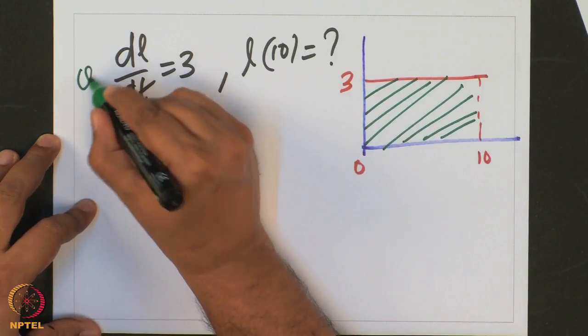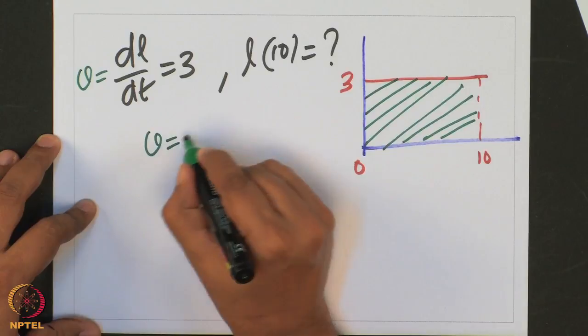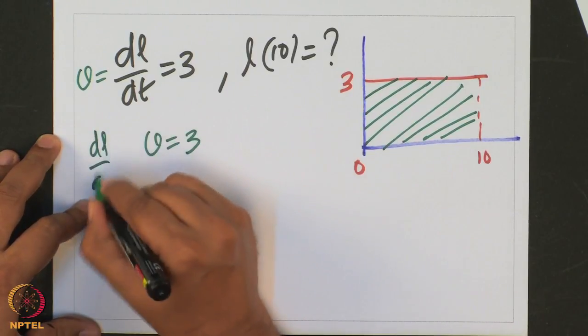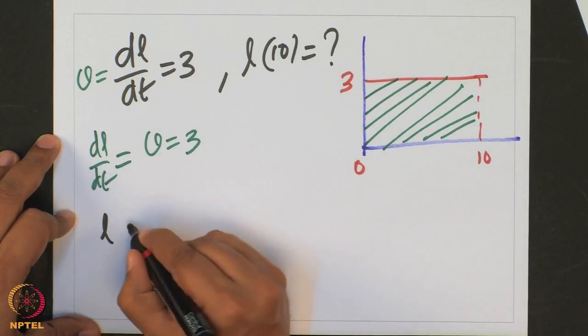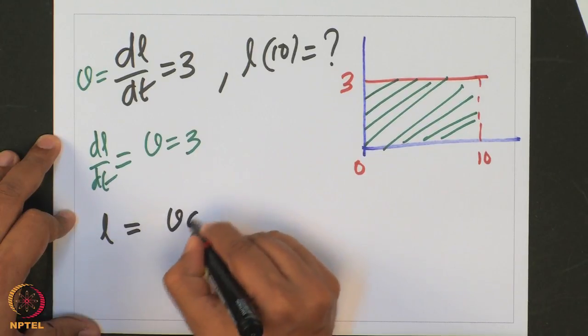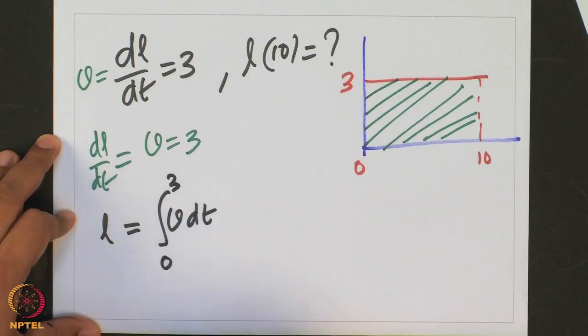This is our v function. So if v is equal to 3, which is nothing but dl by dt, and we want L, which is the integral of v dt from 0 to 3.